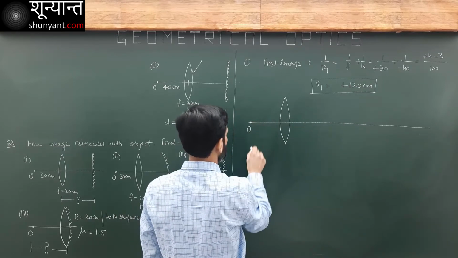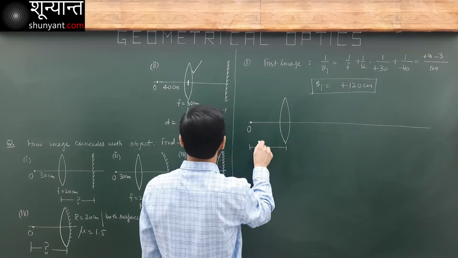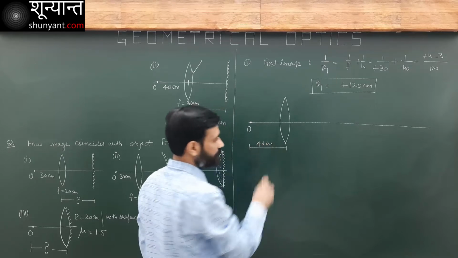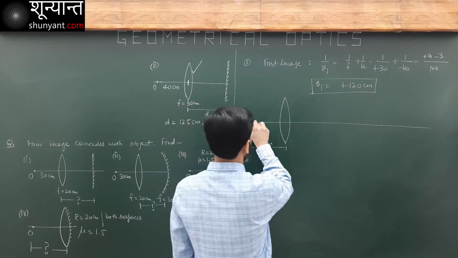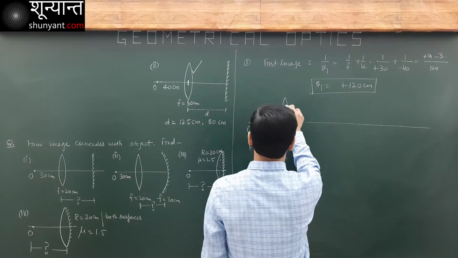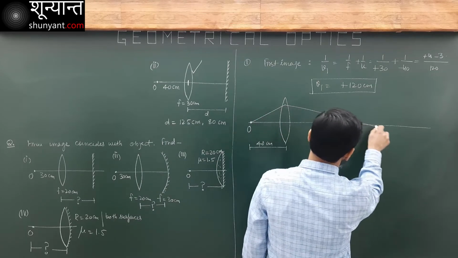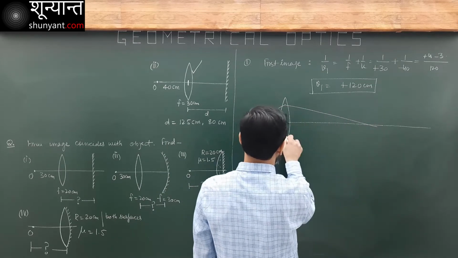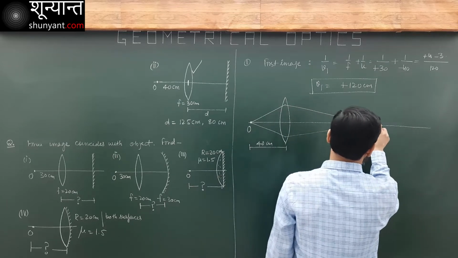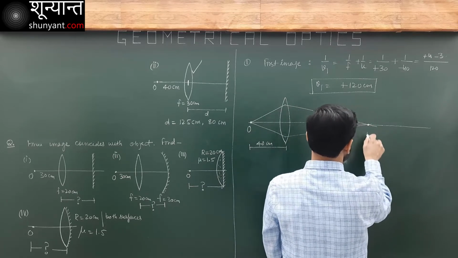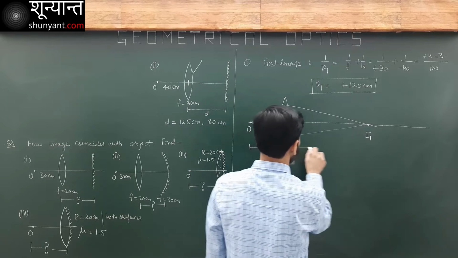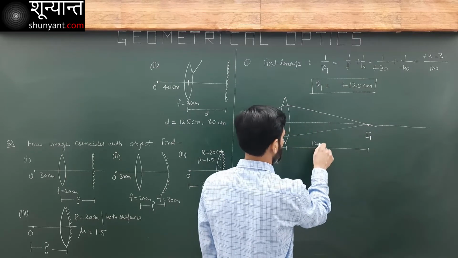This distance is 40 centimeter. The image is formed at 120. That's where the image forms. This image is I1. This distance is 120 centimeter.